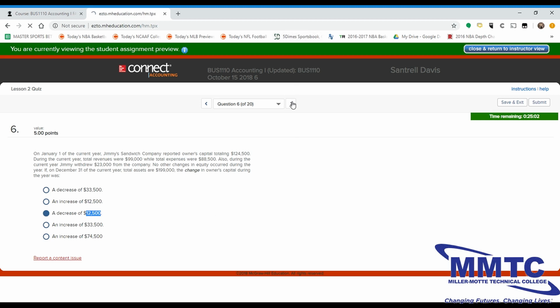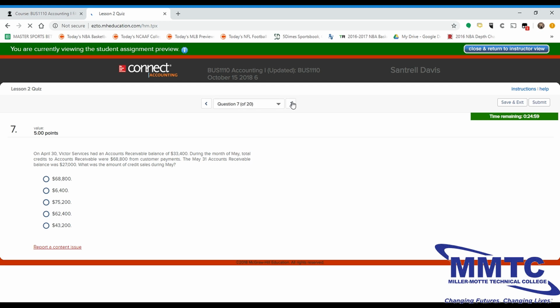So remember the three statements in accounting: the balance sheet, the income statement, and the owner's equity statement. Owner's equity is what we own, what he's worth. How do you get net income? Revenue minus expenses.